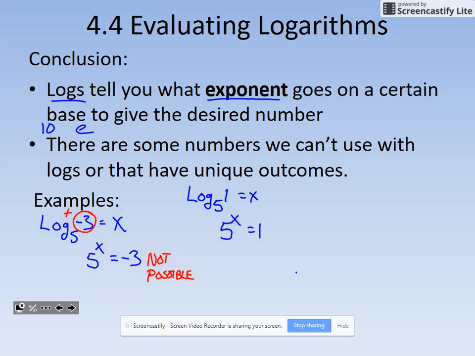And if you think about that for a moment, right away you'll recognize that the only thing that will work is x has to be equal to 0. Okay, another special case. Log base 5 of 0 equals x. What we're saying is 5 raised to the power of x equals 0. And there's no way we can get that, right? So this is not possible.